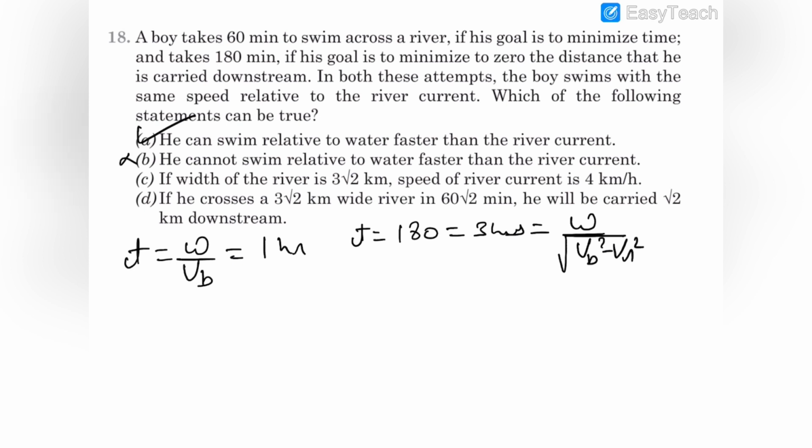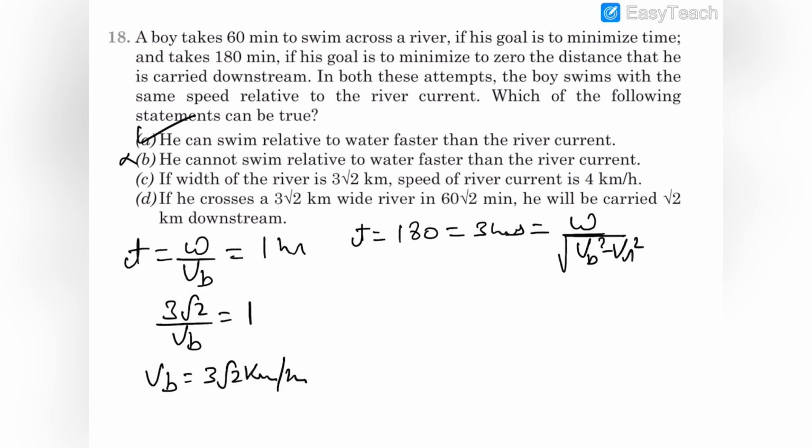Now we know that these are two equations. So if the width of the river is 3 root 2, then the speed of the river current is 4. First of all, if the width is 3 root 2, then VB is equal to 3 root 2 kilometer per hour.